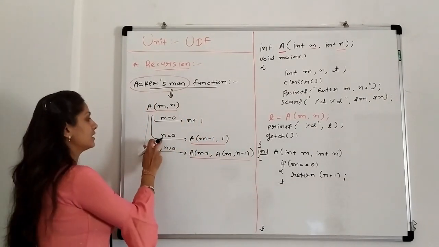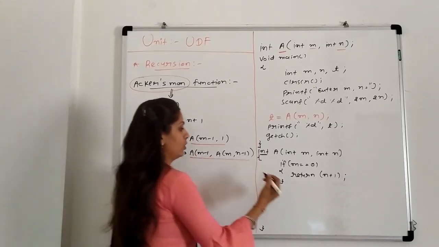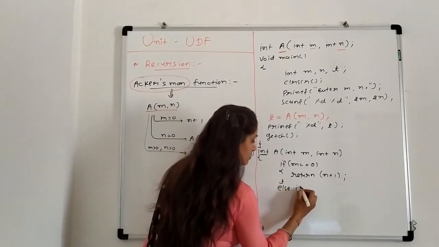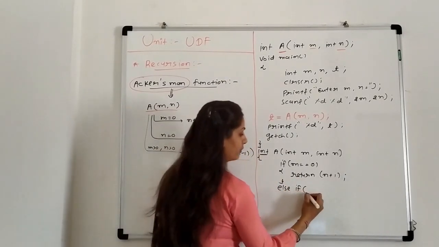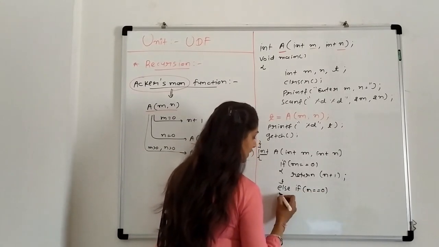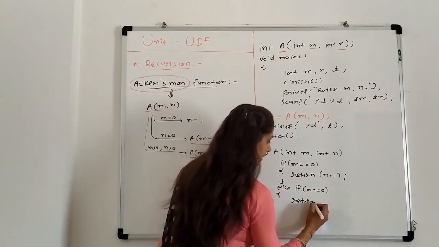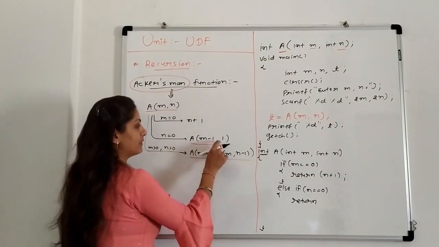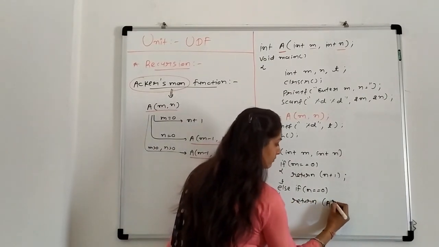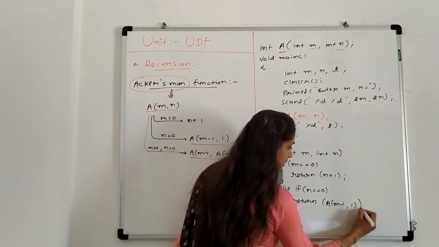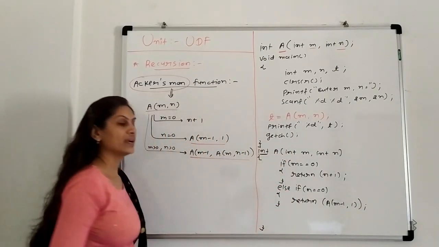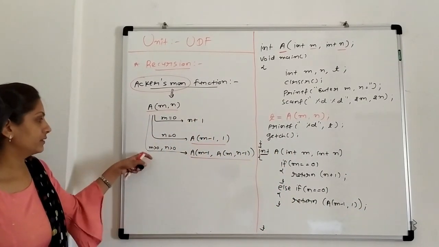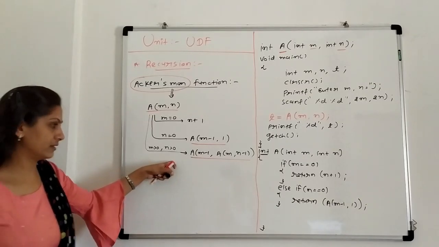The second condition is for n equals 0. So here again use else if. If n equals 0, then what is the answer? Return, the formula is A(m minus 1, 1). So here we have to return A of m minus 1 and 1. This part is completed. Now the third, that is m greater than 0, n greater than 0.